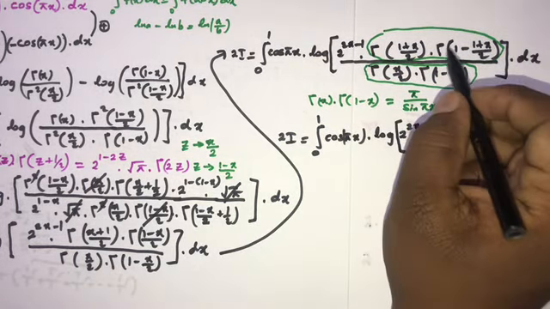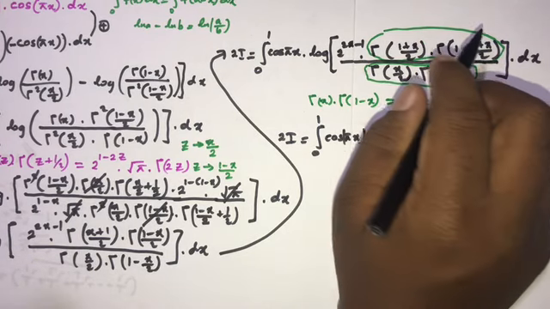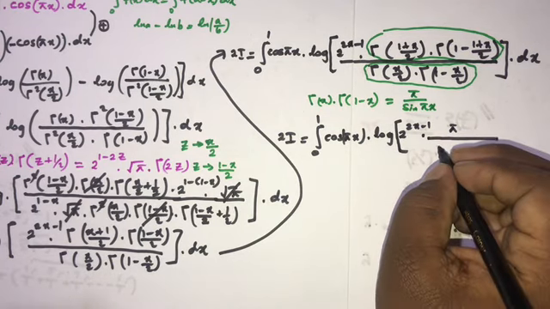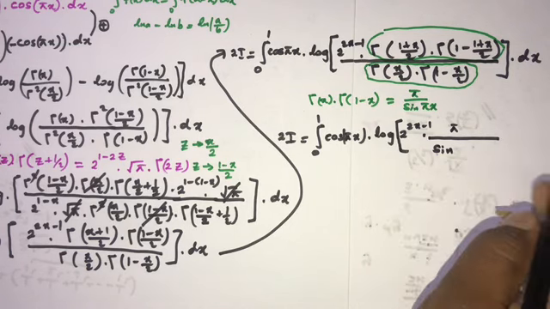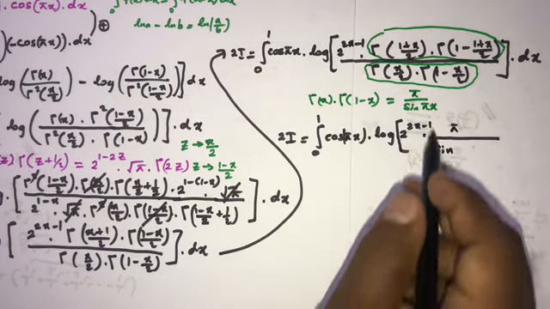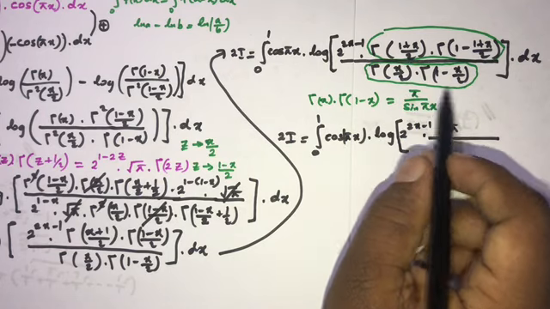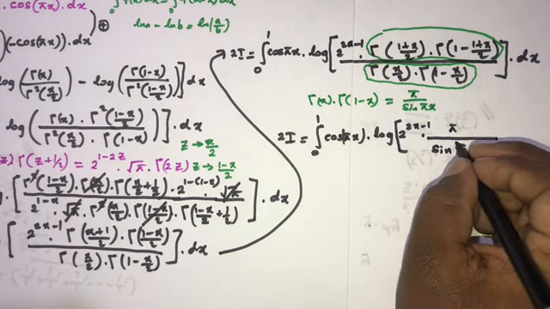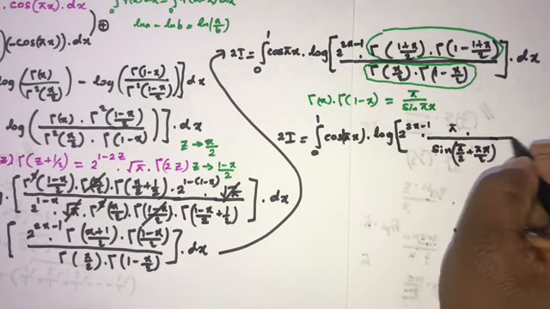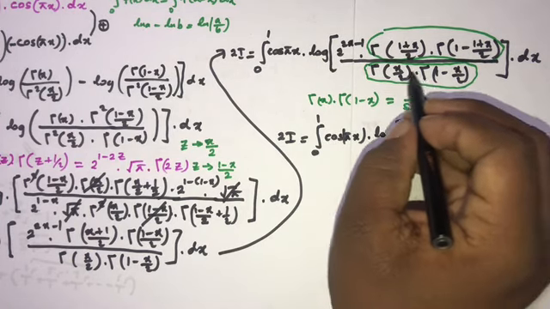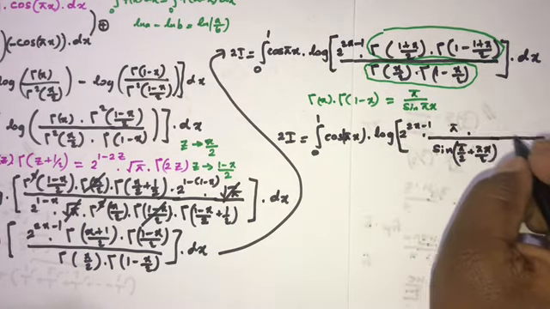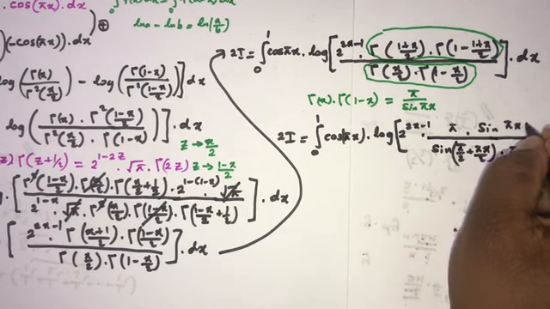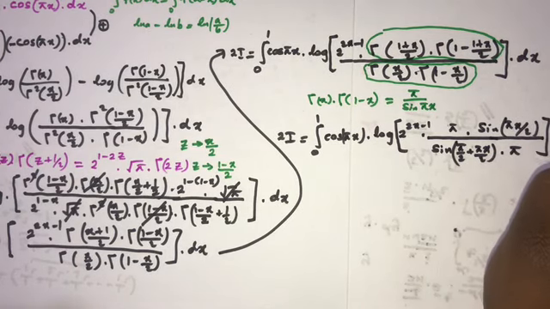So for this part we know this is equal to pi over sine of pi over 2 plus pi x over 2, times, now instead of this part we can write here pi over sine of now pi x over 2, here dx.